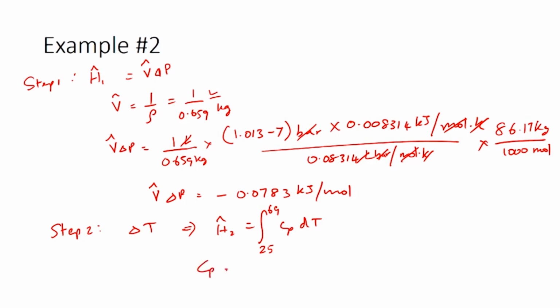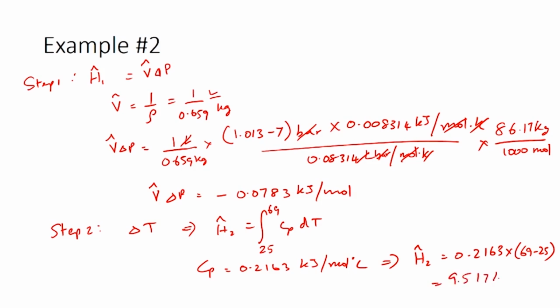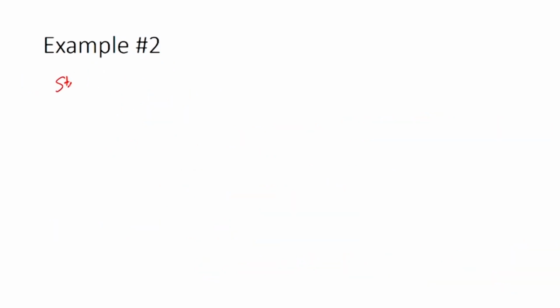So, Cp for n-hexane liquid is 0.2163 kilojoules per mole degree Celsius. So, your H2 cap would be equal to 0.2163 times 69 minus 25, which is 9.517 kilojoules per mole.